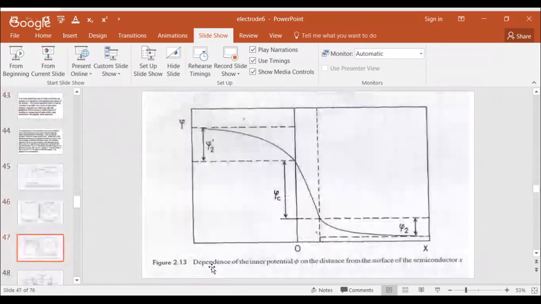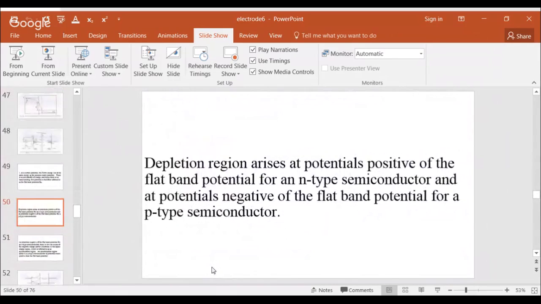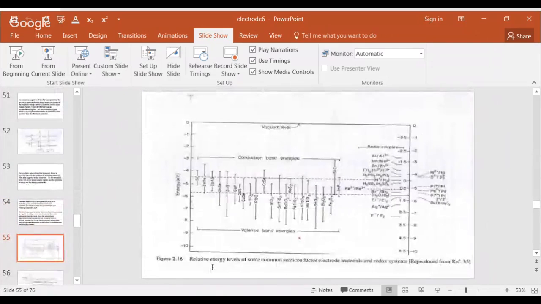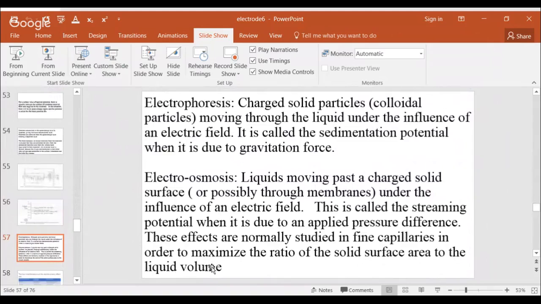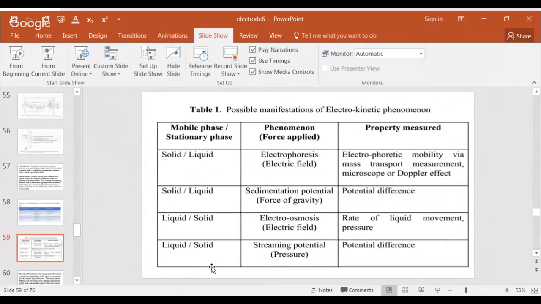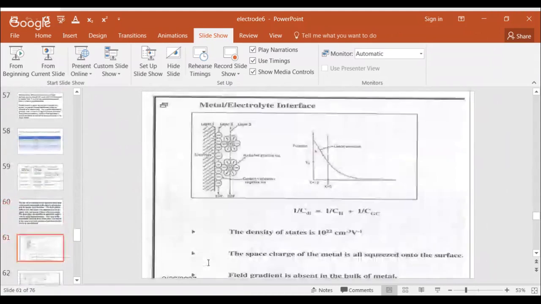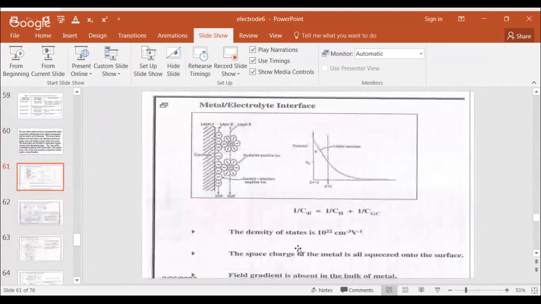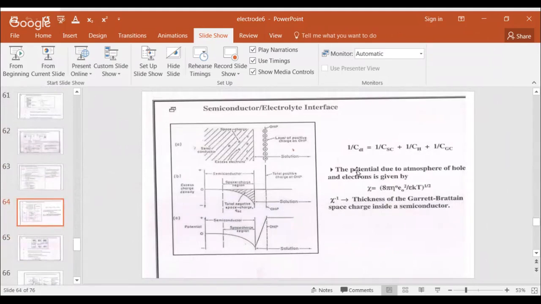I will show you that equation in a minute. Okay, this equation.